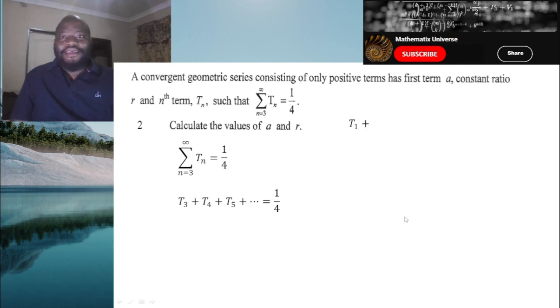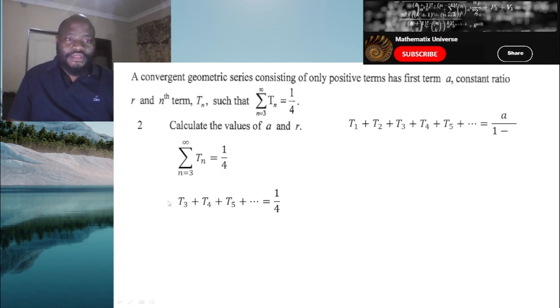Now remember, if the sequence was complete and it had all the terms, then its sum to infinity would simply be a over 1 minus r. But that's fine. We can use it this way since we know what the value of the first two is. It was told to us in the first question. They said this is equals to 2, so we put 2 there.